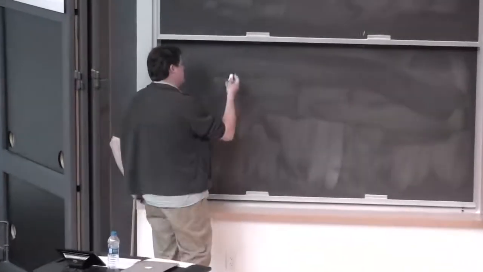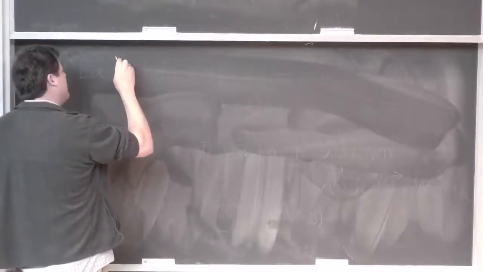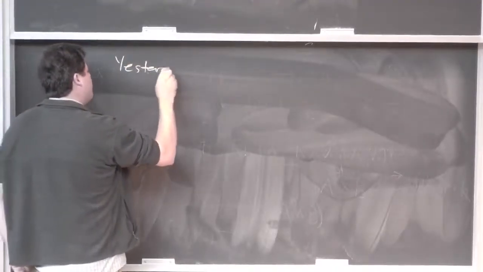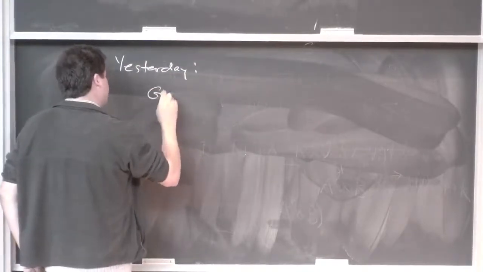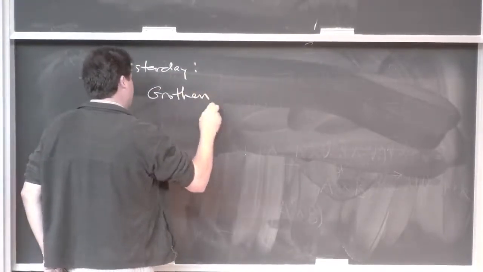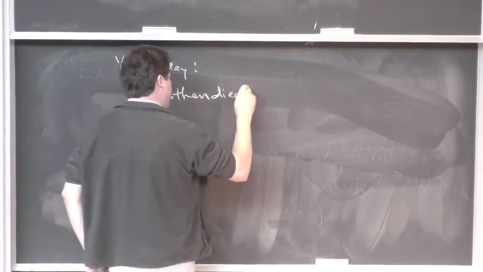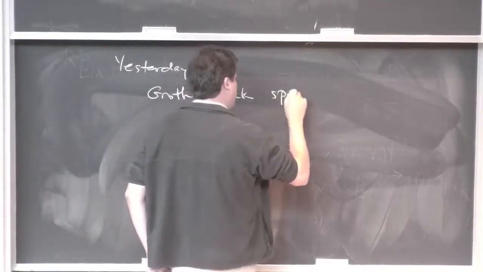So he didn't call it by this name, but yesterday you had this, it's called the Grothendieck spectral sequence, well, it's one form of the Grothendieck spectral sequence.